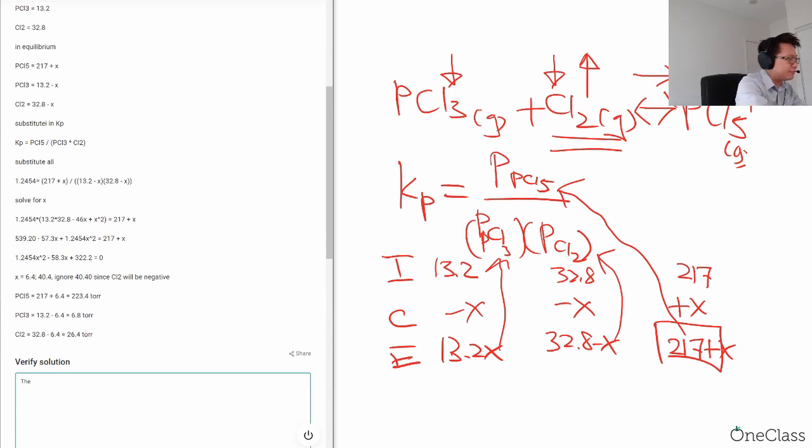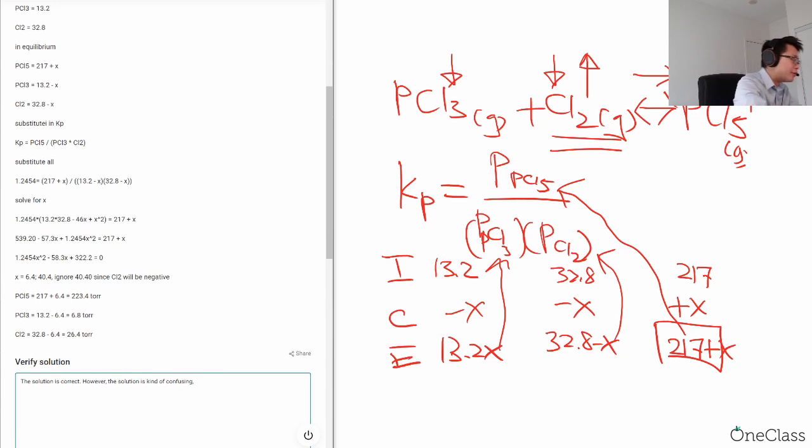My comment on this question and solution is that the solution is correct. However, it is kind of confusing, especially because the solution didn't use an ICE table to find the equilibrium pressures.